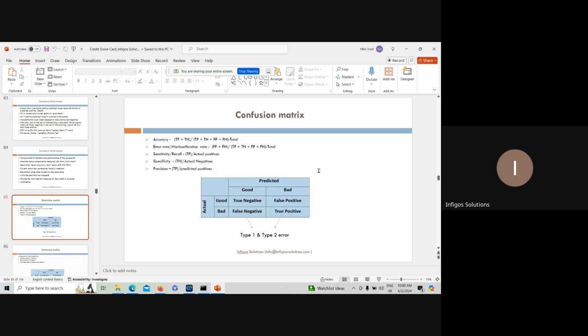So let me skip this one and take you here. Accuracy is true positive plus true negative divided by true positive plus true negative plus false positive plus false negative. The denominator is total events plus non-events, and the numerator is true negative plus true positive. This is the accuracy ratio.